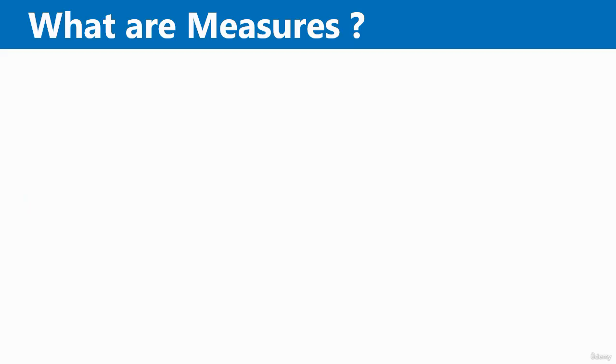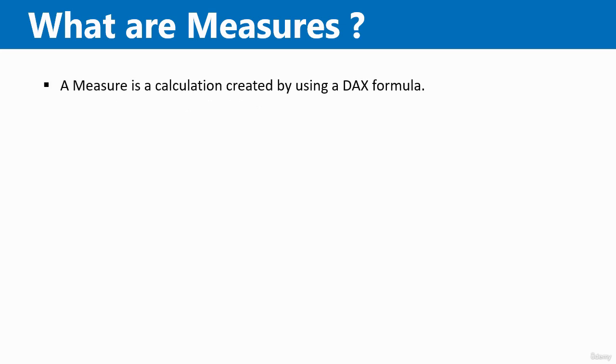In this video, we are going to be creating measures that we can include in our model. What is a measure? A measure is basically a calculation created by using a DAX formula.